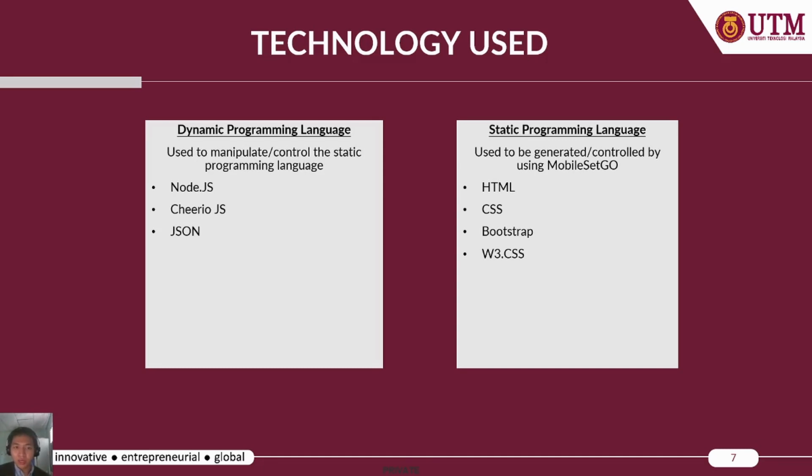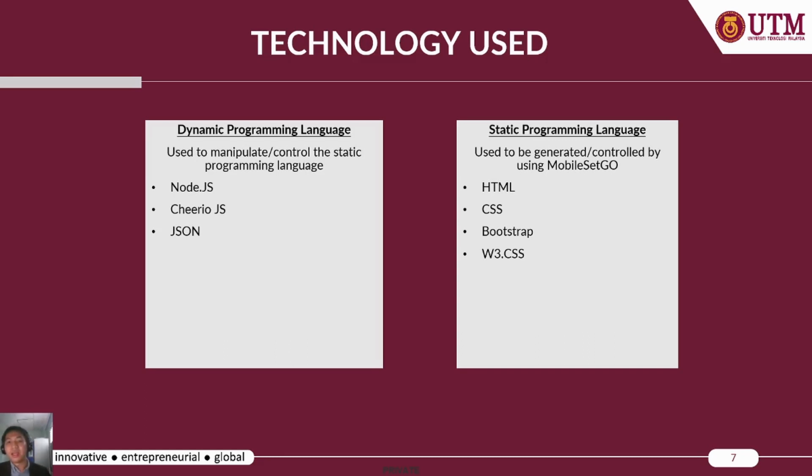For this, we use Node.js, Cheerio.js, and also JSON languages. Mainly, we use Node.js and Cheerio.js because of the file system, and also Cheerio.js can read the HTML elements using the web scraping method.